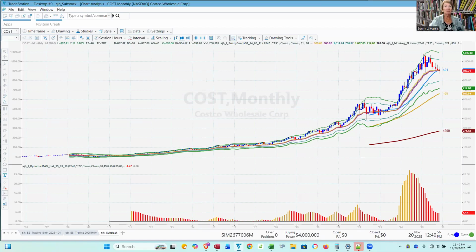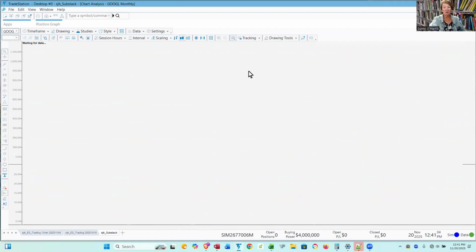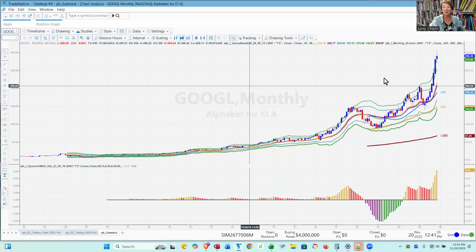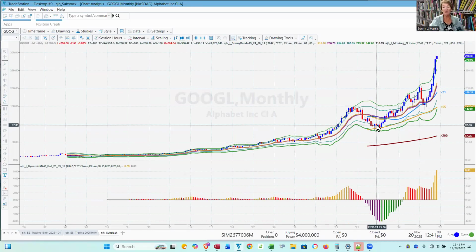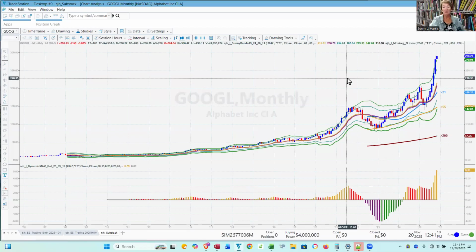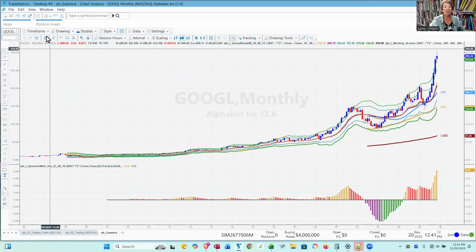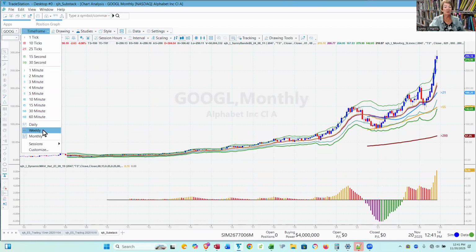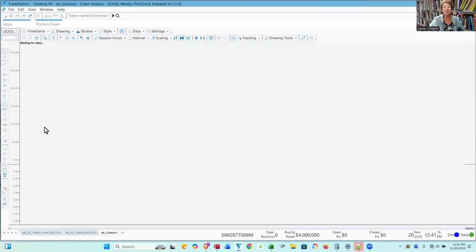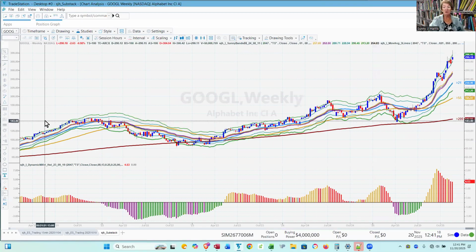Let's see. Any more symbols? Let's look at the messages. Google, that's a good one. And it's just flying out of there. We'll look at, let's say this is a monthly. Here's a weekly. And that looks really strong still too.